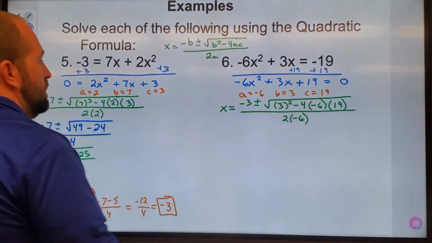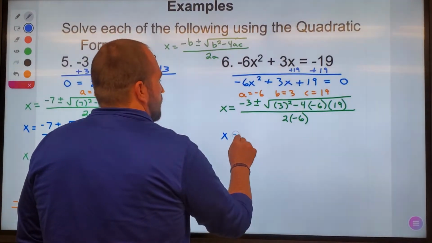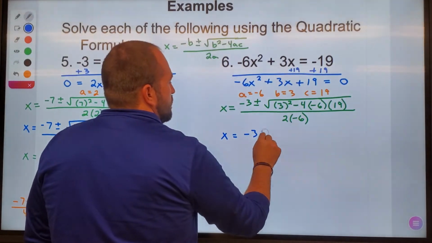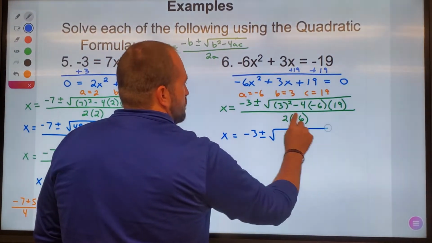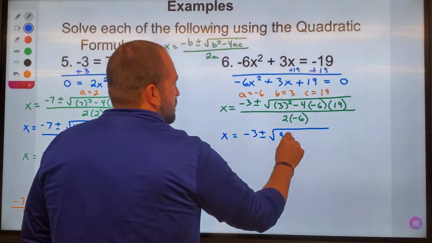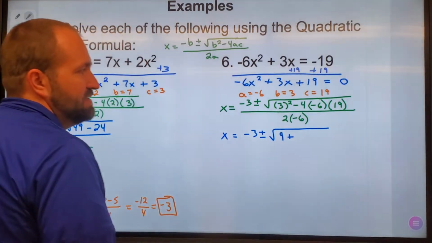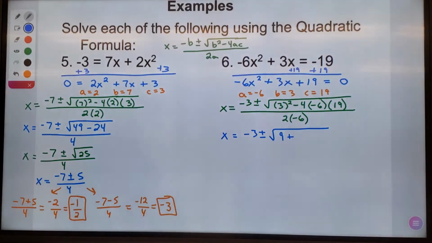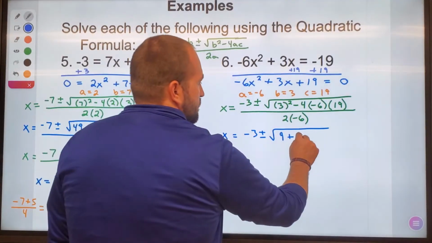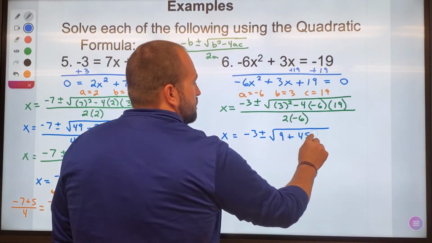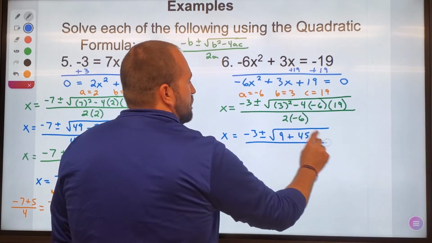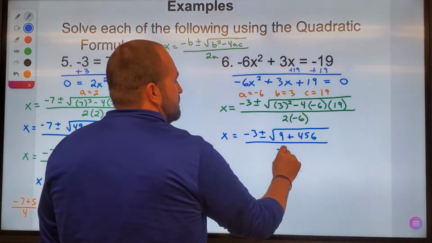Okay. X equals negative 3 plus or minus the square root. 3 squared is 9. Negative 4 times negative 6 is positive 24. And 24 times 19 is 456. Two times negative 6 is negative 12.